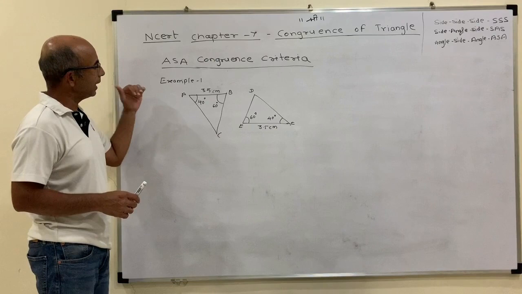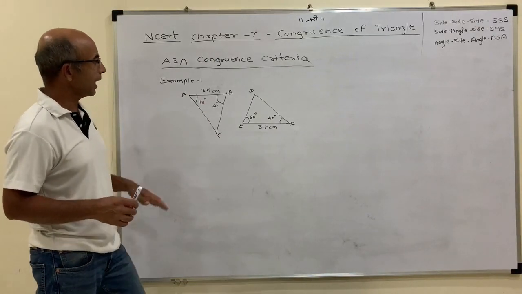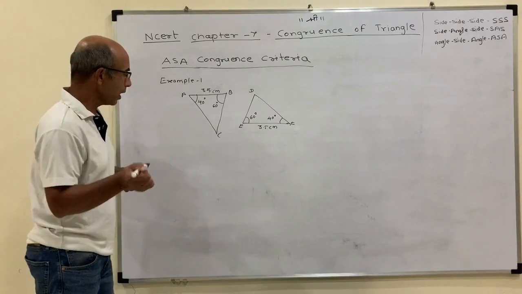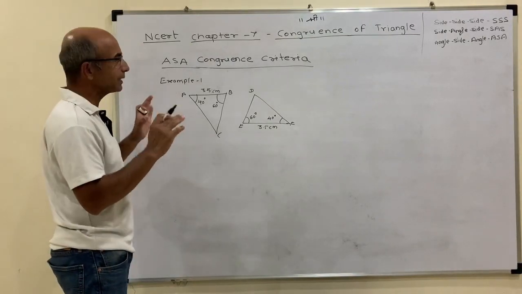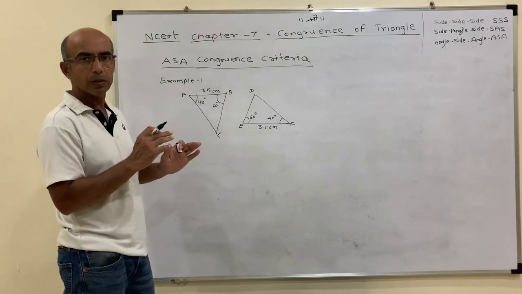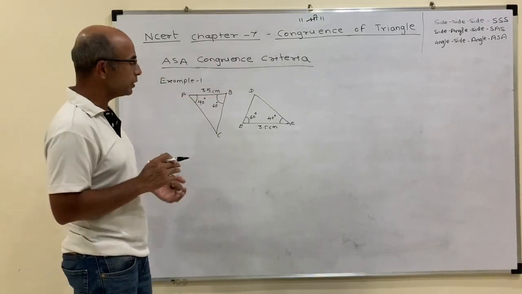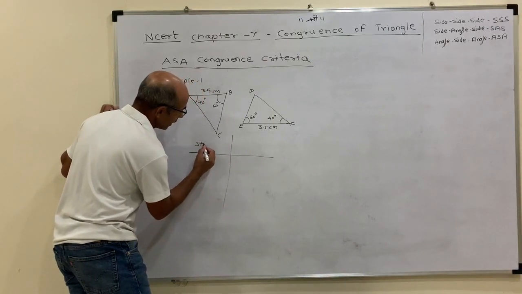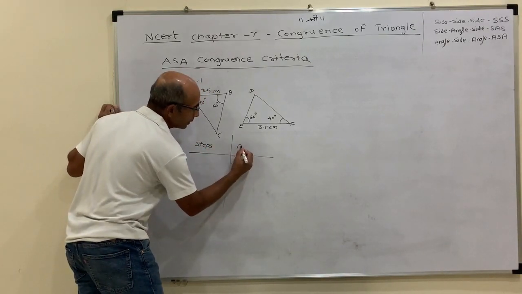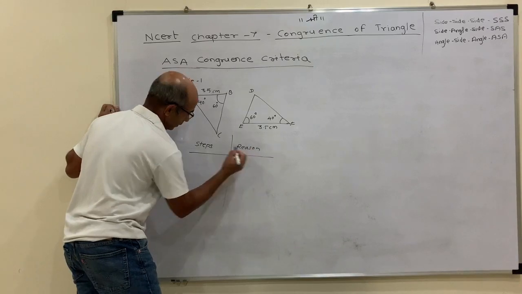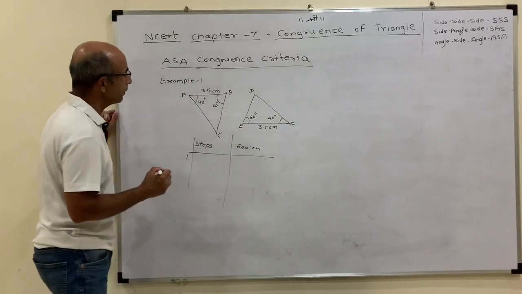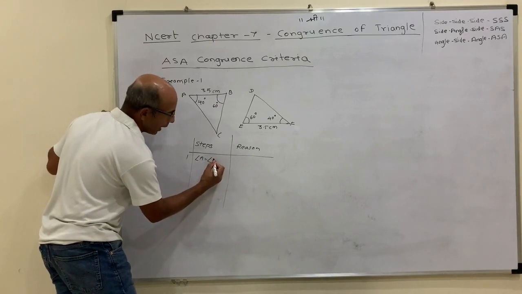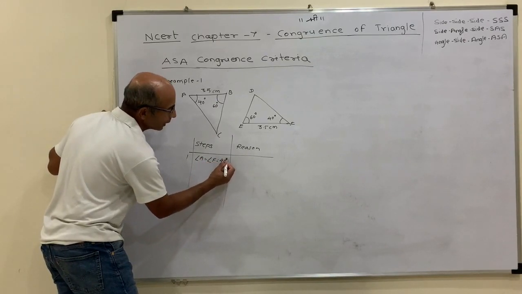Here triangle ABC and triangle DEF, we are checking whether they are congruent to each other. So now we will follow exactly the same method and procedure as we did in the previous two criteria. Here are the steps and here are the reasons. Step 1, angle A equals angle F equals 40 degrees.